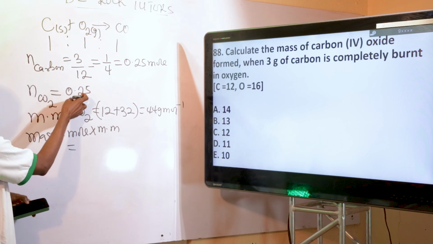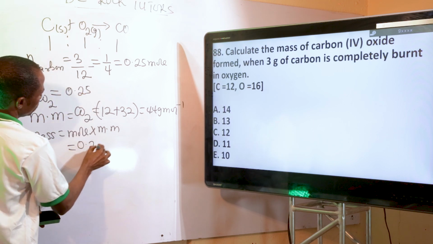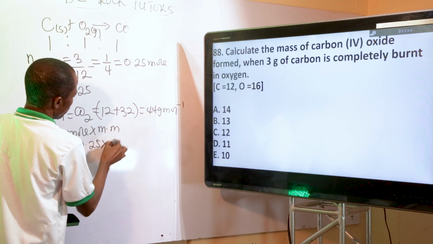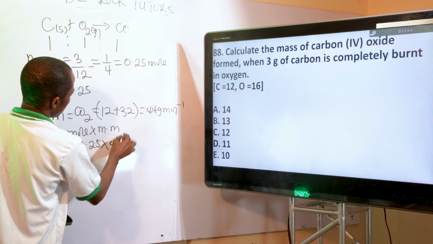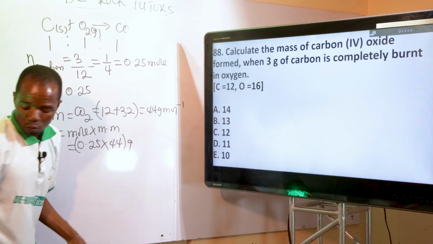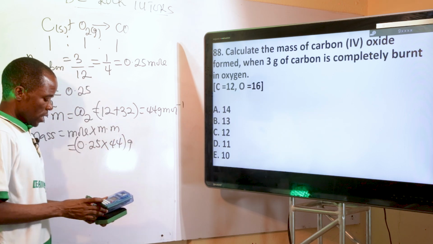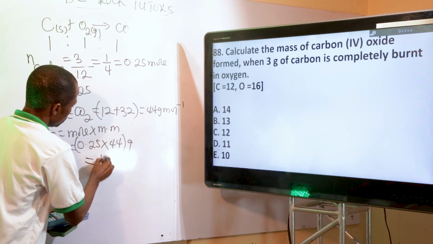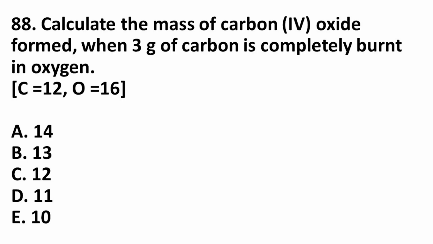What's the number of mole of CO2? 0.25 times the molar mass of this, which is 44. And when we multiply it, what do we get? That's 0.25 times 44. That gives us 11. So the correct answer for number 88, as you can see here, is option D.